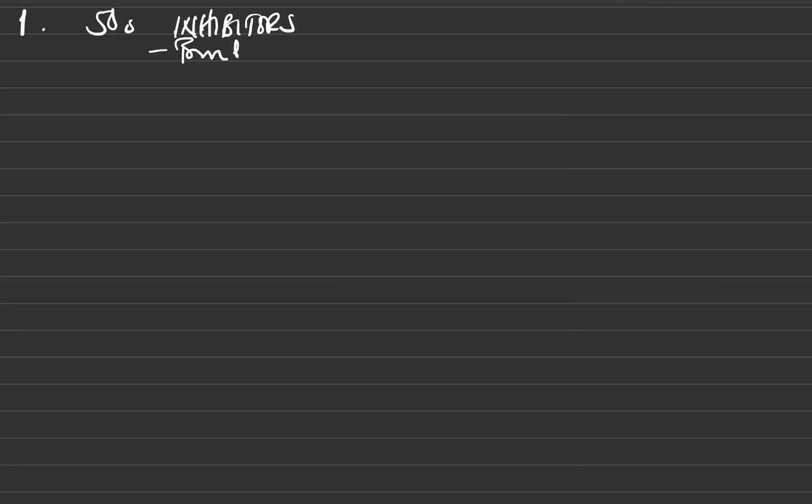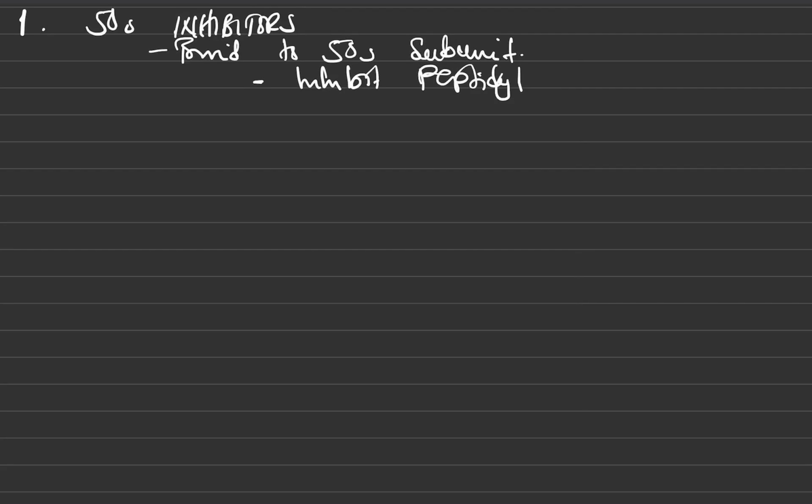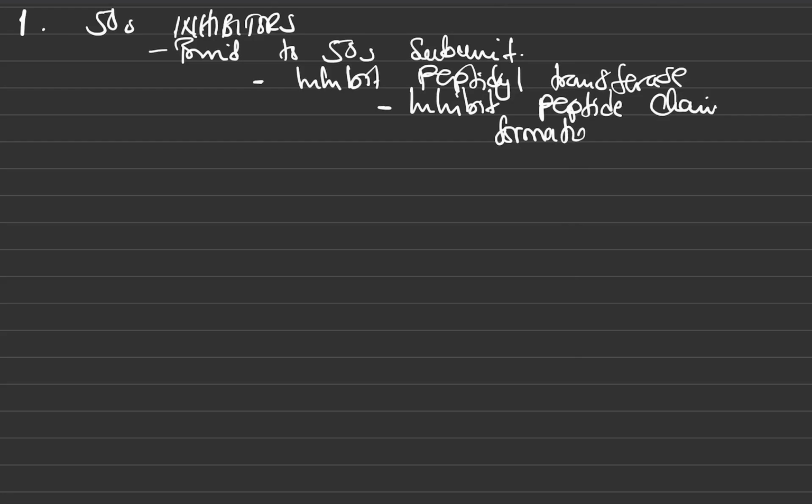So number one, in your mechanism you state that they bind to the 50S subunit, thereby inhibiting peptidyltransferase, ultimately inhibiting peptide chain formation. Those are the 50S inhibitors.